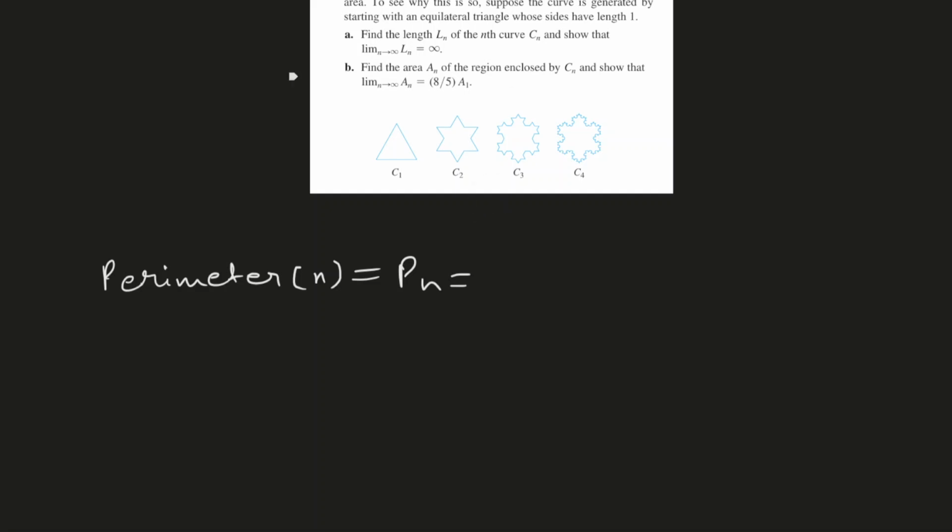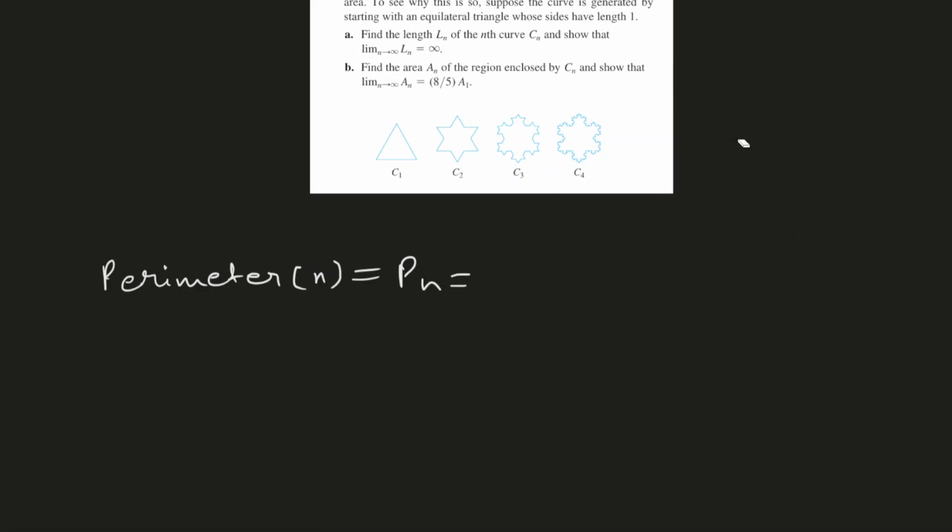My first variable is ln, the length of the nth C's side. Side length means that even if it's something like C2, I would count this as a side length, right? So all these A by 3s would be my side lengths.